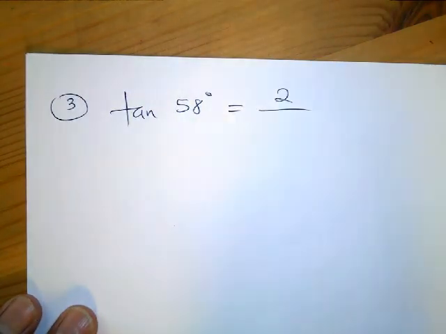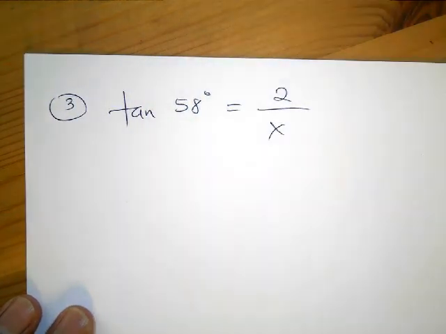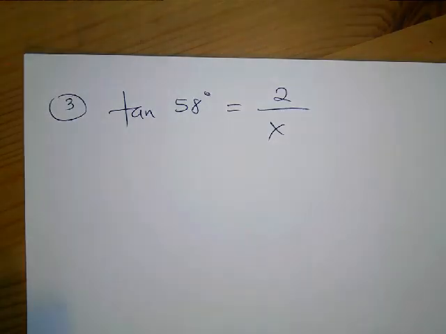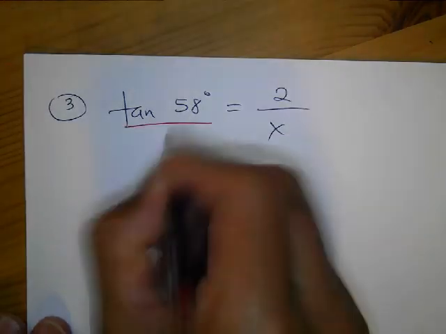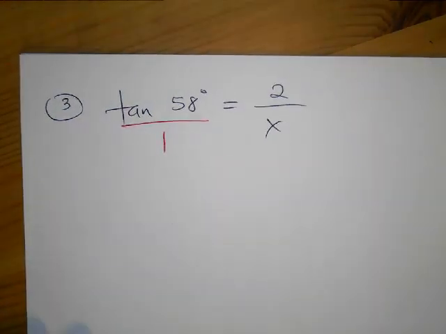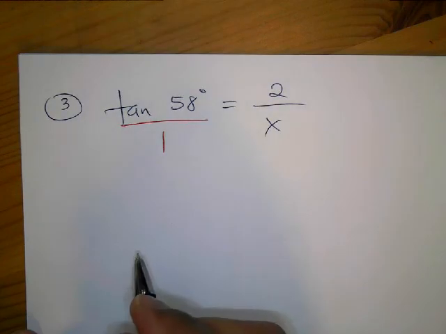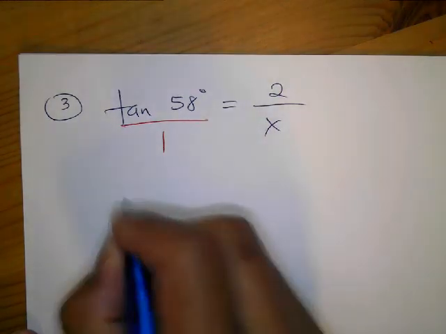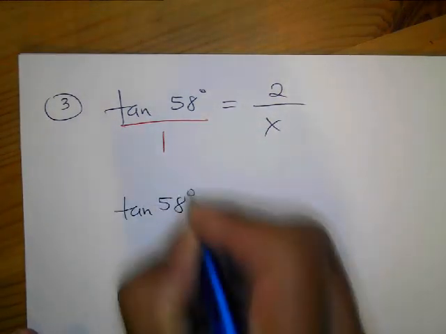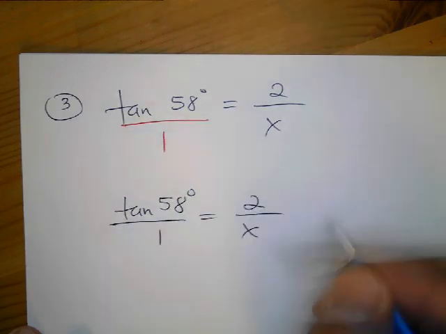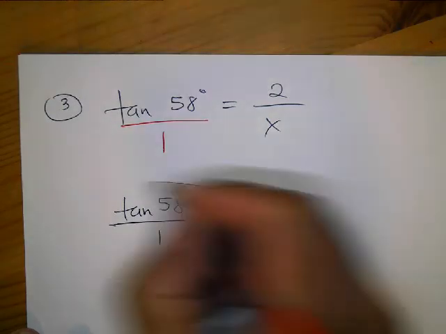Okay, so tangent of 58 is equal to 2 over x. All right, so put a 1 under it, then you cross multiply.